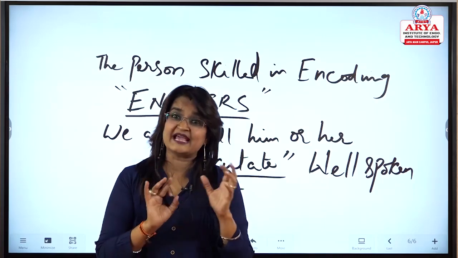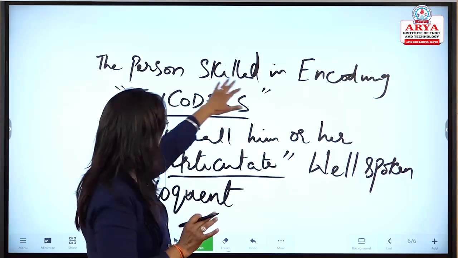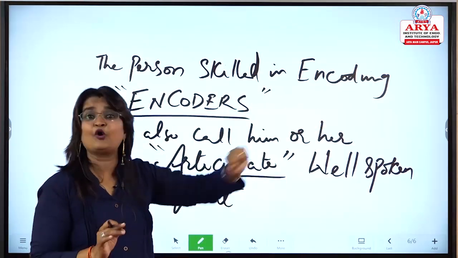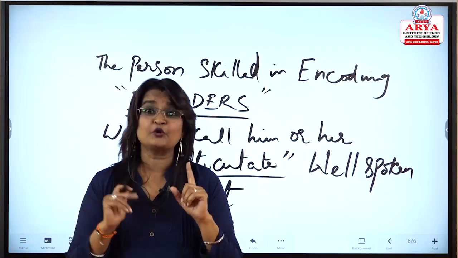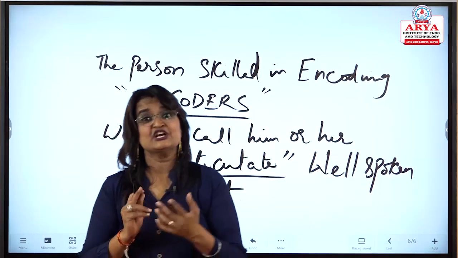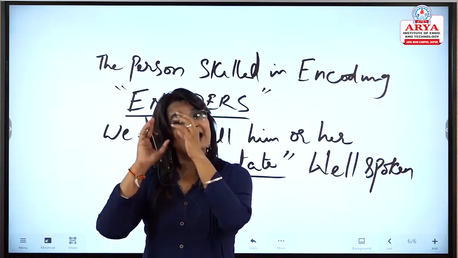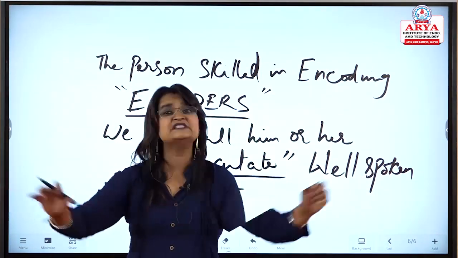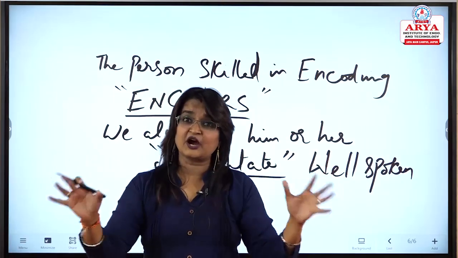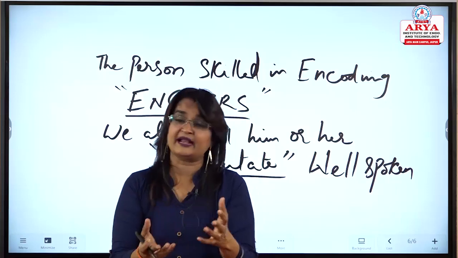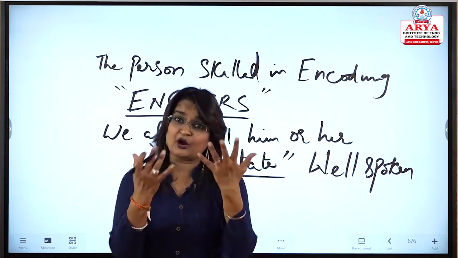So the person who is well skilled in encoding, when I have to give you a message, it should be an appropriate message, and I have to understand the crowd, how the crowd is sitting beside me, the crowd that I am addressing.